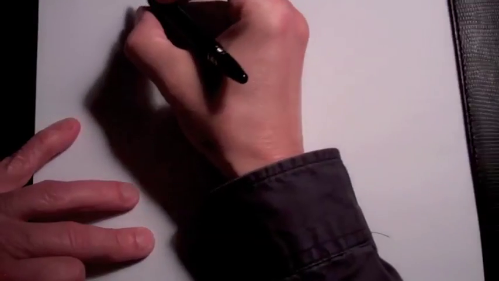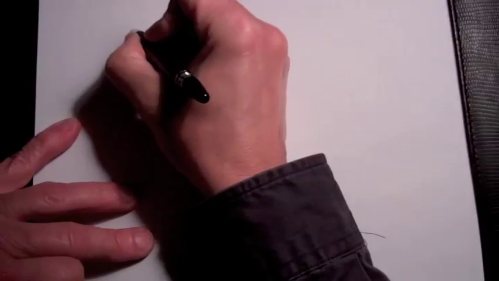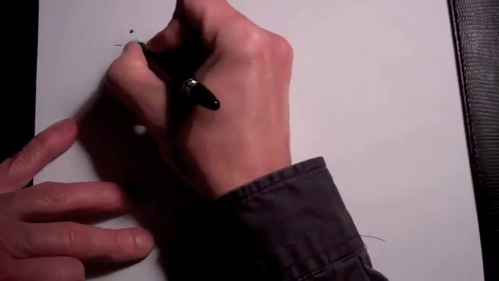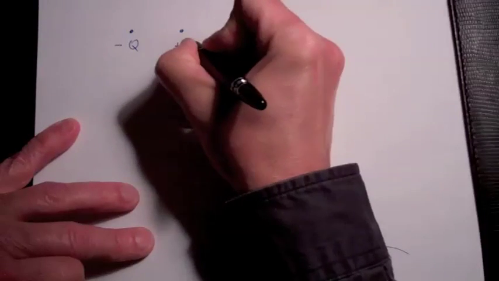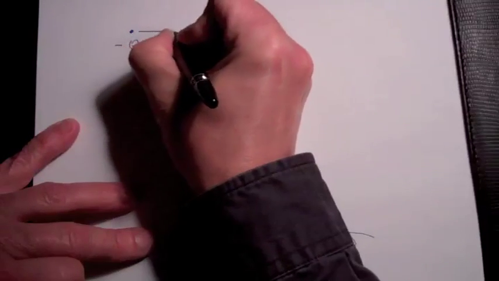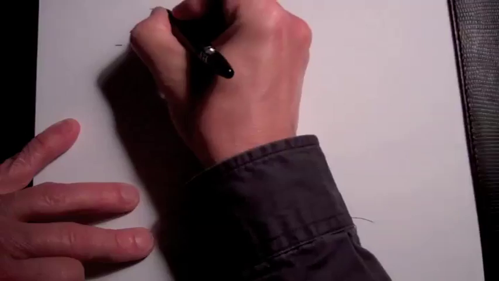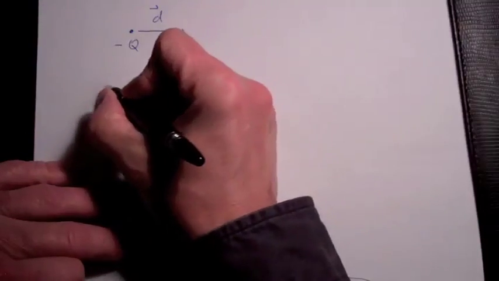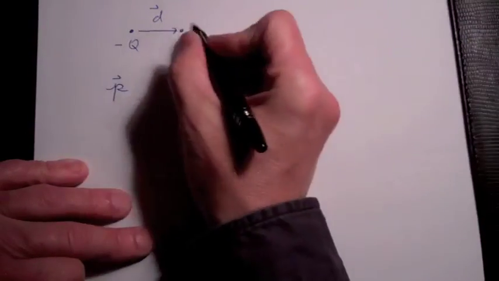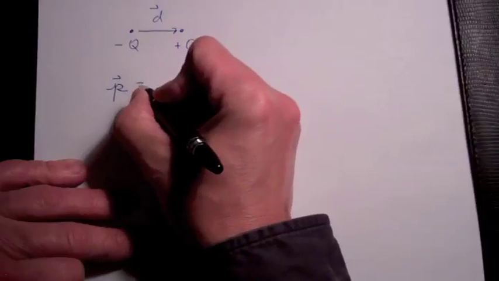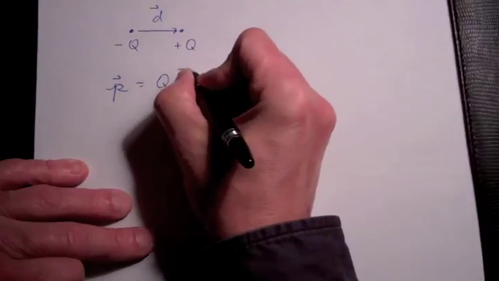In an electric field, we can represent each of these atoms in our dielectric as a minus Q and a plus Q that are separated by some vector d, and we can define the dipole moment of each of these atoms as Q times d.